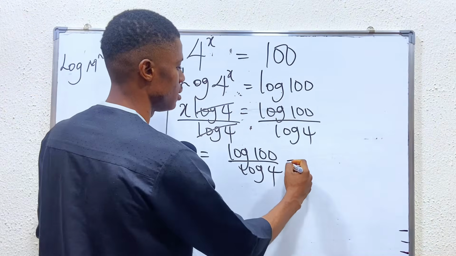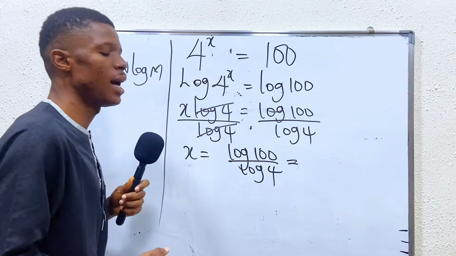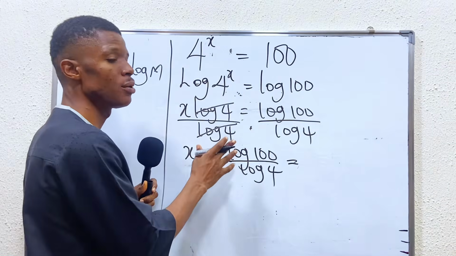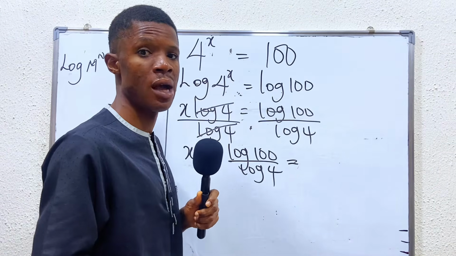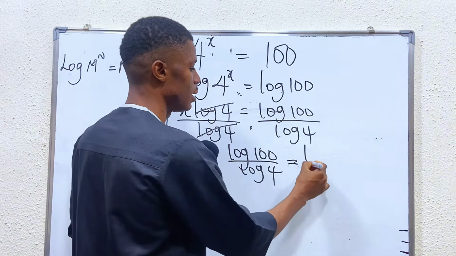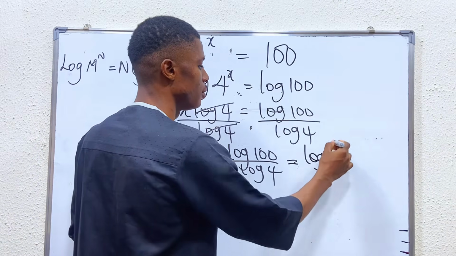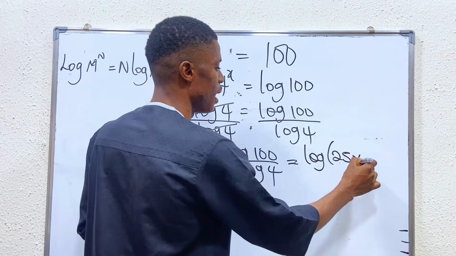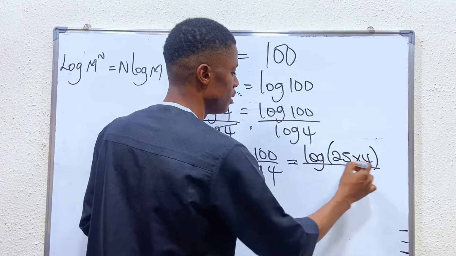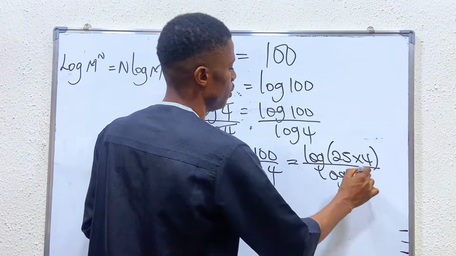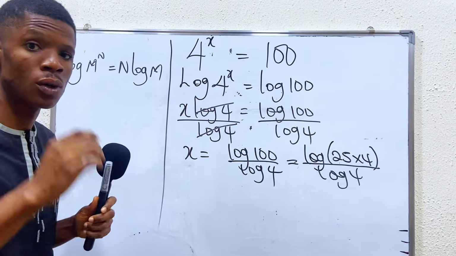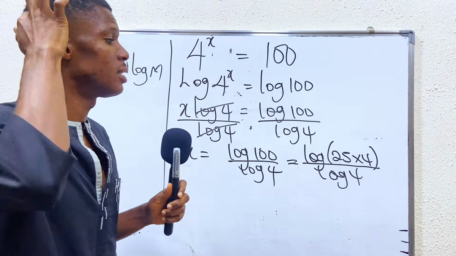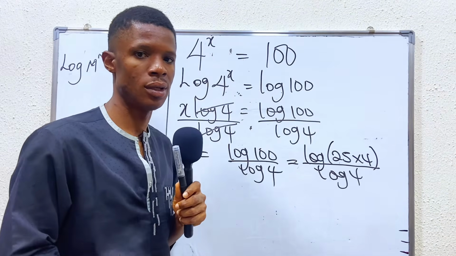You can now see that we can write 100 to be the product of 25 and 4. So we now write log of 25 times 4 divided by log 4, because nothing changed, because we always know that 25 times 4 is 100.